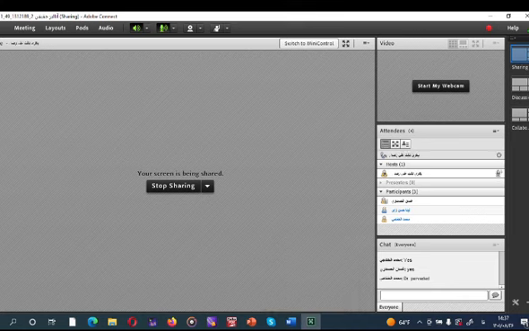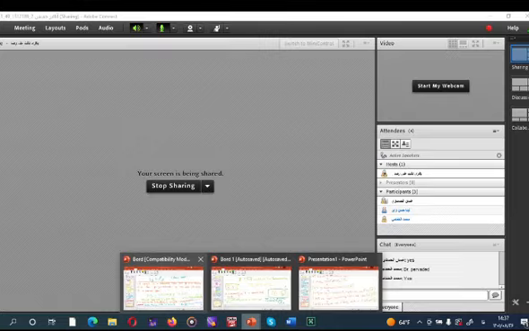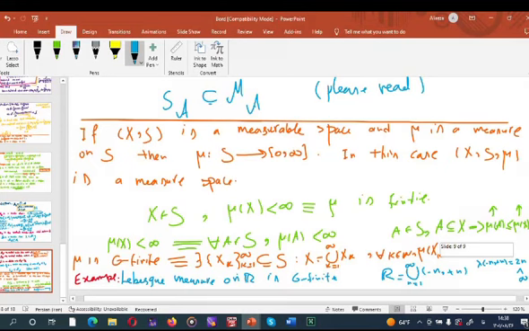And for sigma finiteness, mu is sigma finite whenever there exists a sequence in S such that x equals the union of this sequence, and for each k mu of xk is finite.